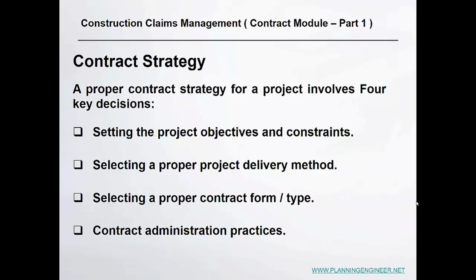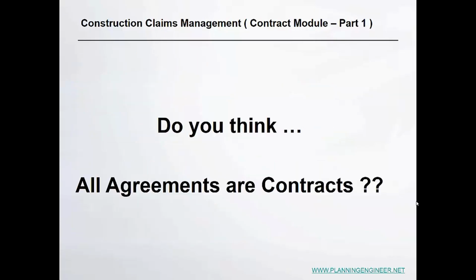So the contract strategy should have the following: setting the project objectives and constraints, selecting a proper project delivery method, selecting a proper contract form or type, we'll talk about this later on, and contract administration practices. These are the steps of any contract.